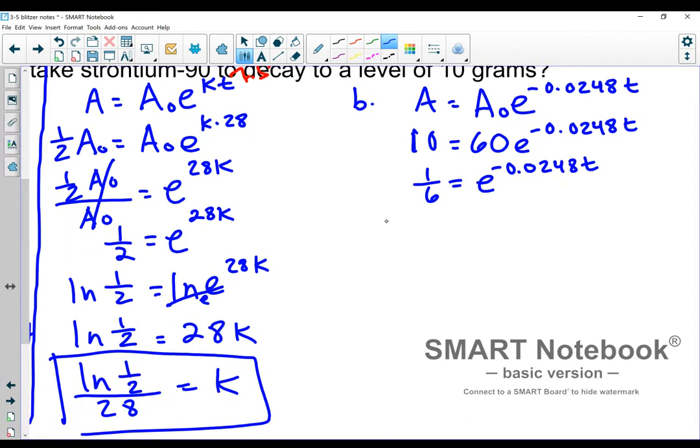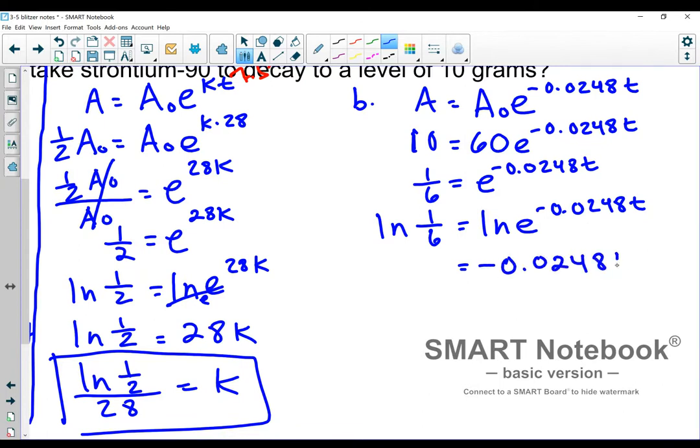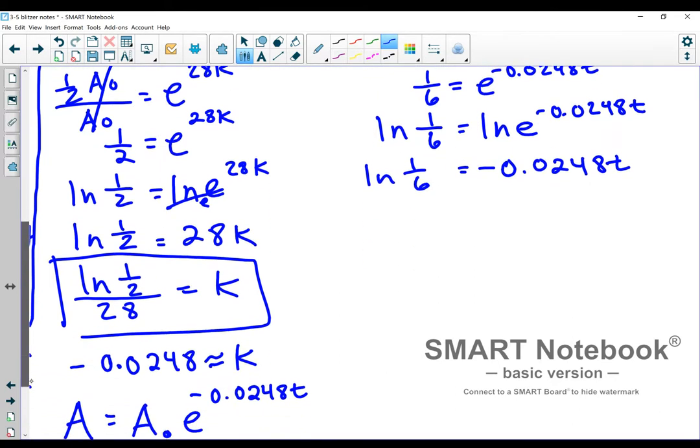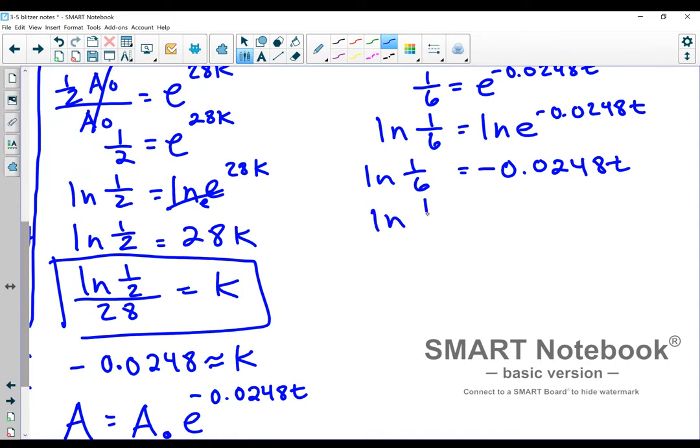We need to take a natural log on both sides. And so now all I'm left with is that exponent. And on the other side, I have still the natural log of 1/6. So my calculator ready form would be the natural log of 1/6 divided by that value of k. And that's going to equal t.